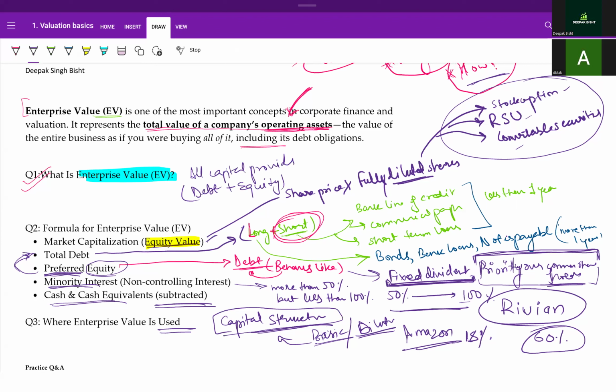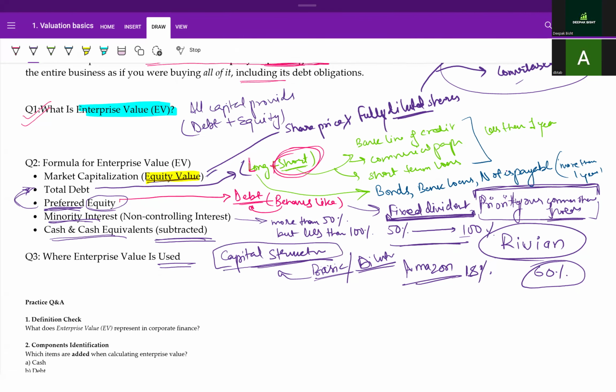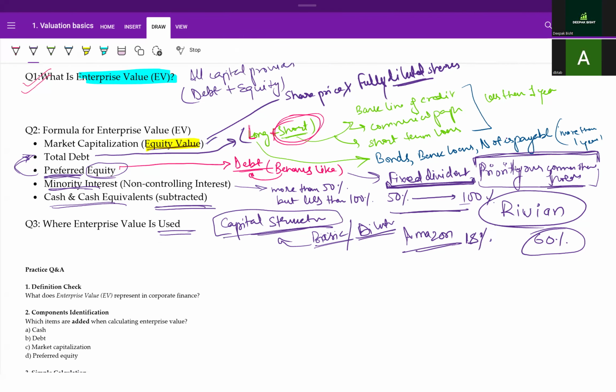Okay, so let's do some simple practice questions. One more thing I would like to add is that enterprise value is used in various valuation multiples. Without enterprise value, it's difficult to value a business.